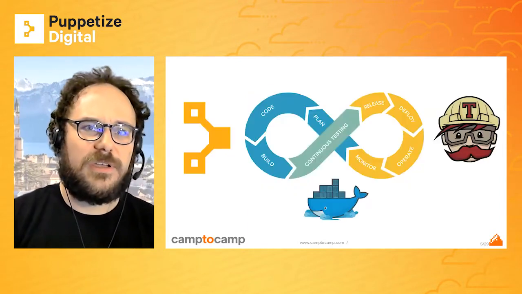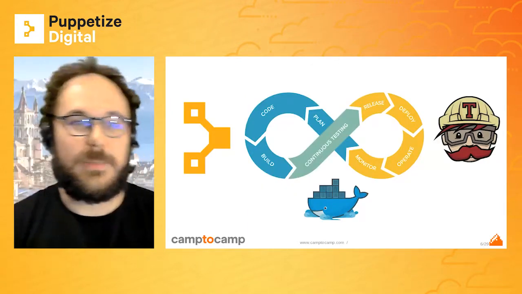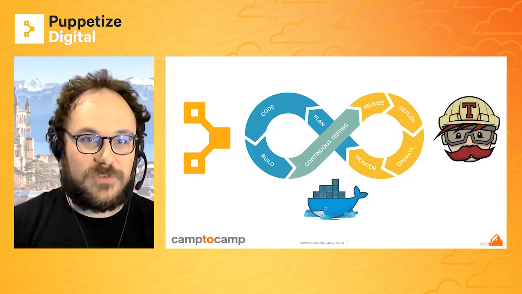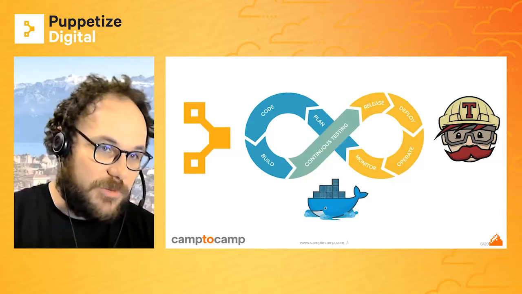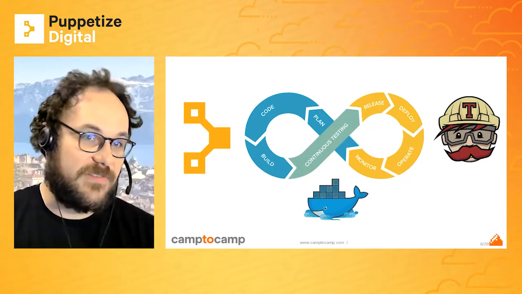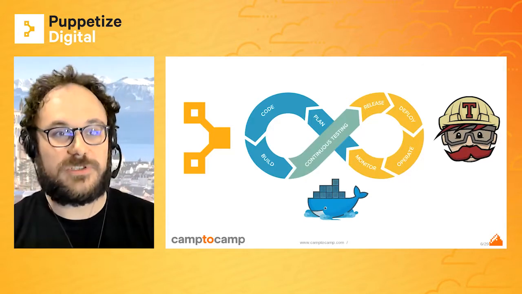And so through our use of Puppet throughout the years, we started a few years ago to automate deployment of modules on the Forge using Travis CI, using a CI/CD approach.